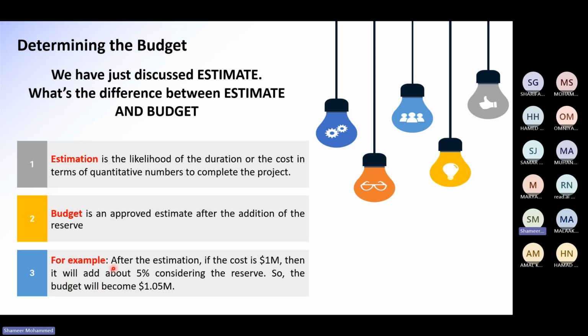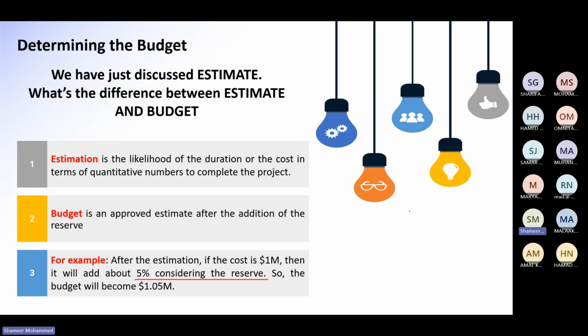So see the example given. After estimation, the cost is $1 million. Then it will add 5% considering the reserve. Why do we need to add the reserve? Because some risk may happen. Dangers or threats may arise in your project.